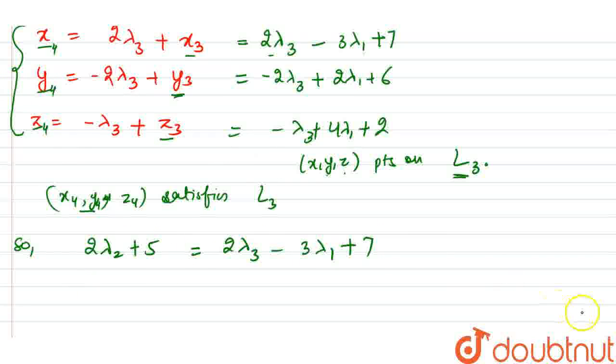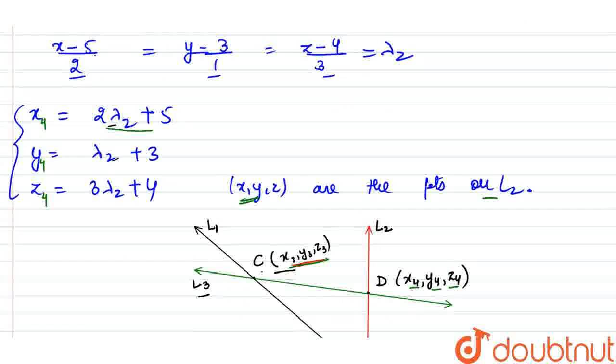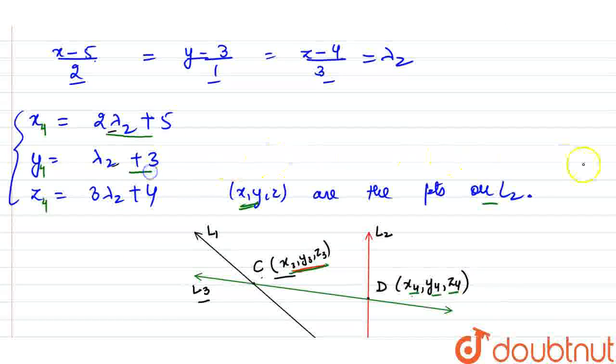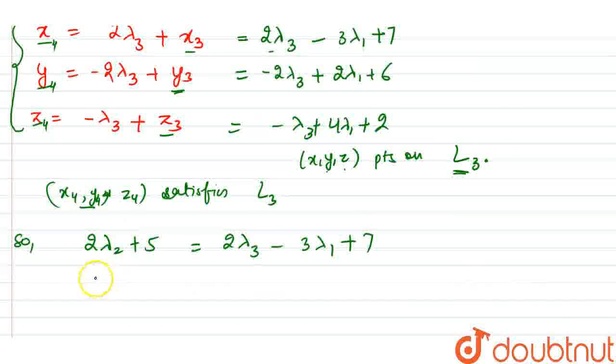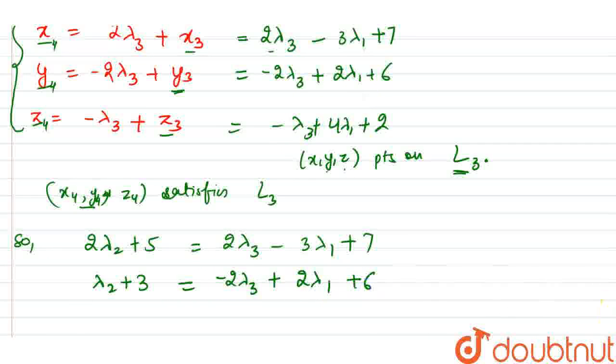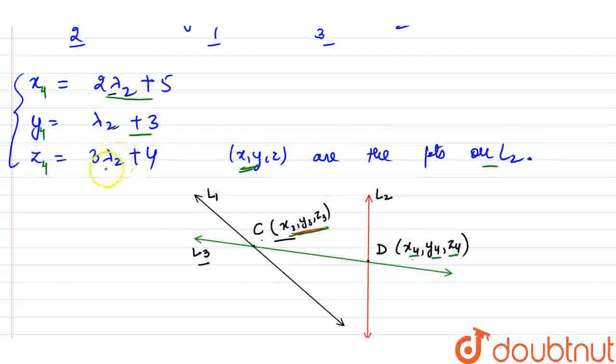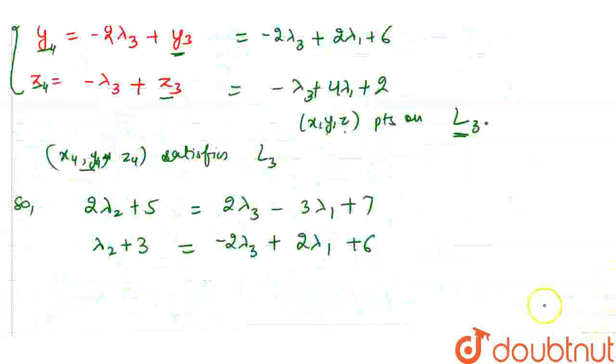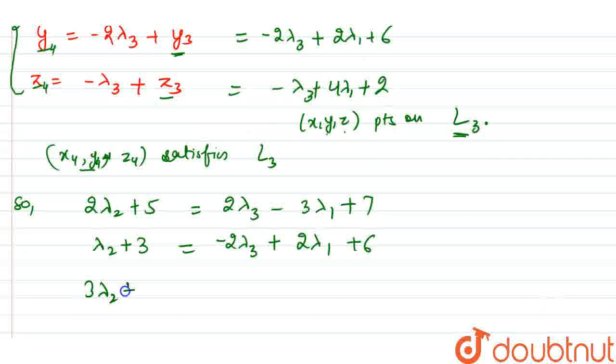Similarly, y4 we have lambda 2 plus 3, so this will be lambda 2 plus 3 is equal to this, minus 2 lambda 3 plus 2 lambda 1 plus 6. And similarly, z4 we have is 3 lambda 2 plus 4, so this is 3 lambda 2 plus 4 equal to this value, minus lambda 3 plus 4 lambda 1 plus 2.